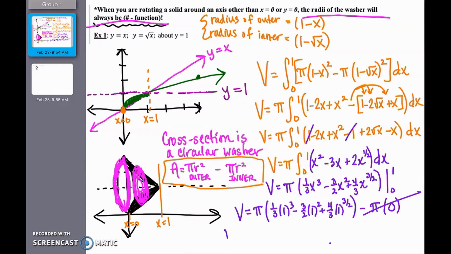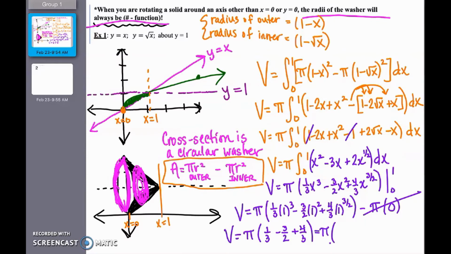Almost there. So my volume is equal to pi times 1 cubed is 1 times 1/3 is 1/3. 1 squared is 1 times negative 3/2 is negative 3/2. And 1 to the 3/2 is 1 times 4/3 is 4/3. You find a common denominator, which would be 6.